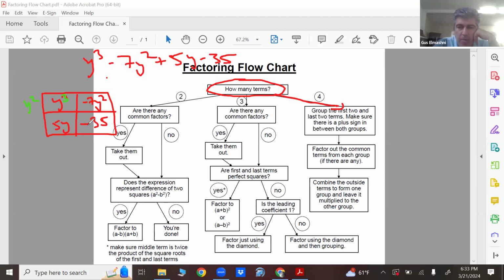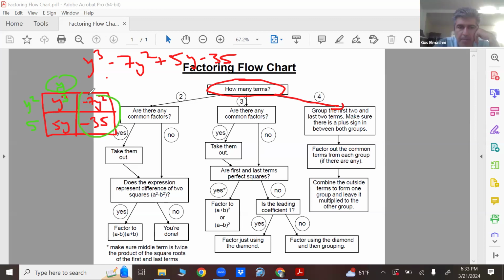Okay, look at the second row. What's common? 5. Okay, we'll say 5, and then what are you gonna put up here now? Y. Good. And what are you gonna put up here? The last column.